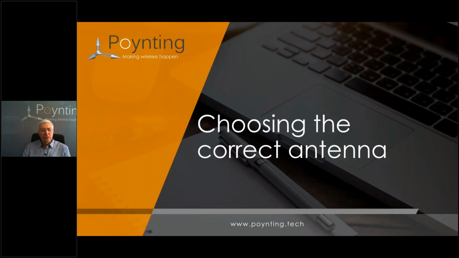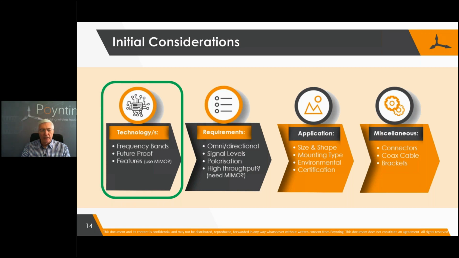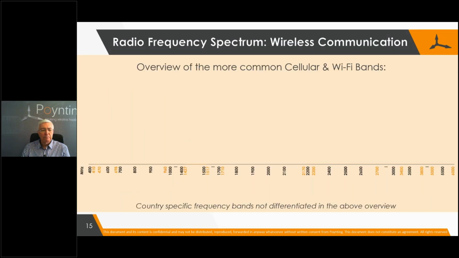Okay, so choosing the correct antenna, very important. So let's look at the technology, and we're going to first look at the frequency bands, how we future-proof our antennas, and we'll also discuss multiple input, multiple output, the acronym for which is MIMO.